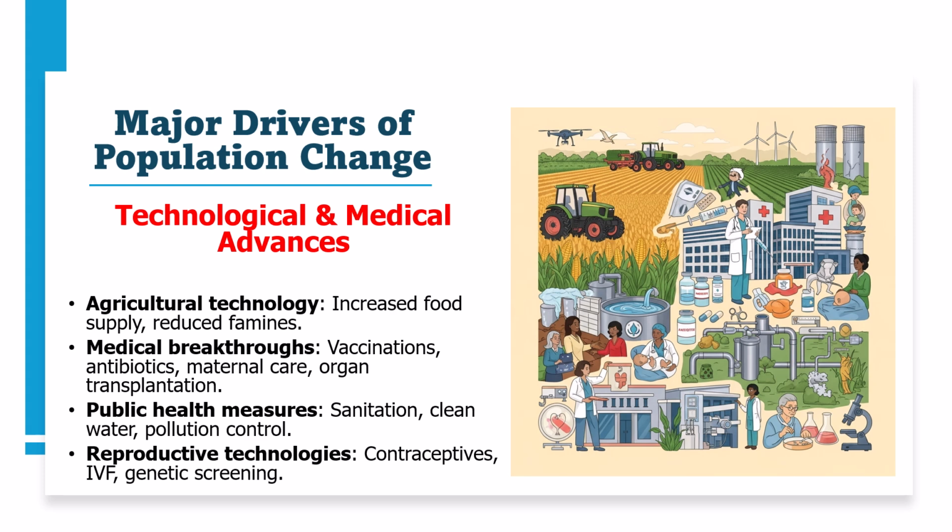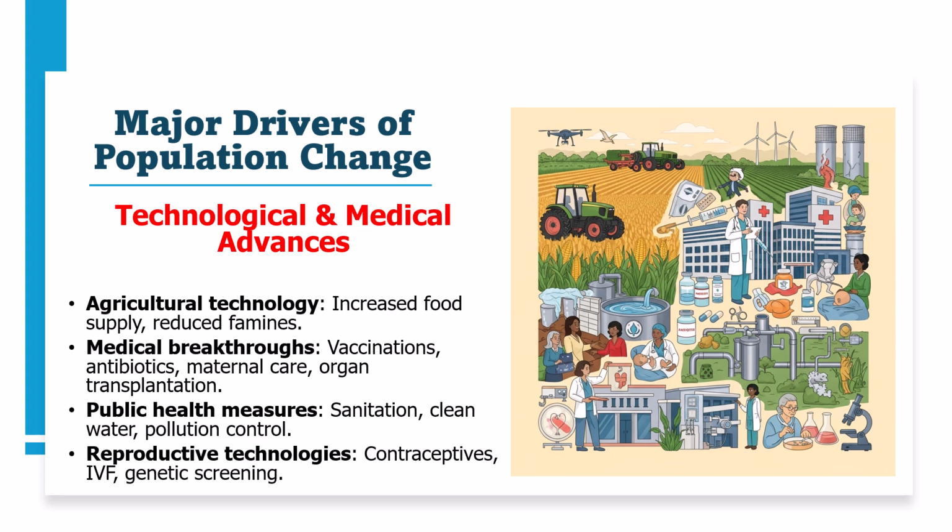Agricultural innovations such as improved crop varieties and mechanization have boosted food supply and reduced the risk for families. Medical breakthroughs including vaccinations, antibiotics, maternal care, and even organ transplantation have significantly lowered mortality rates and extended life expectancy.